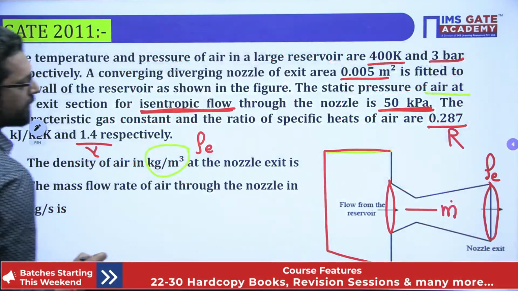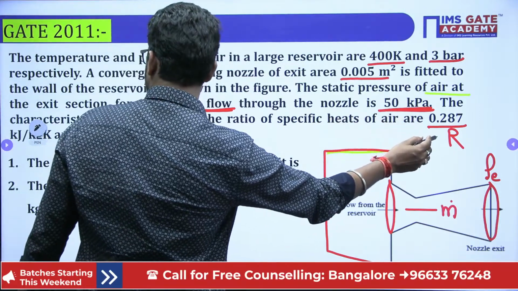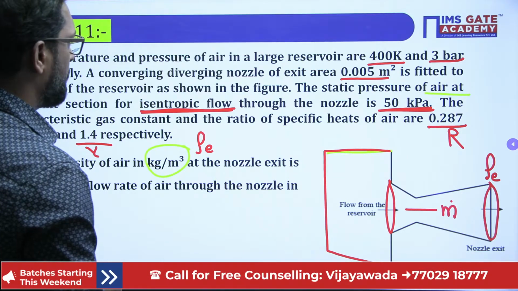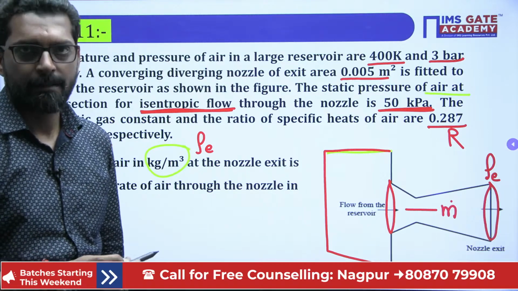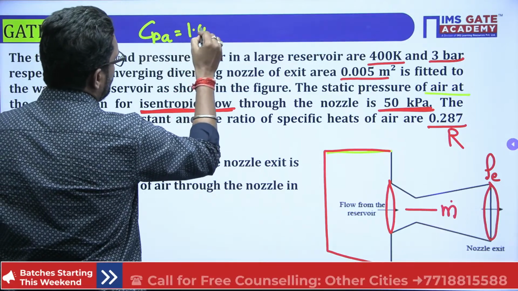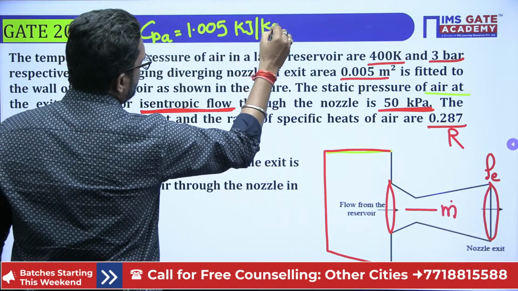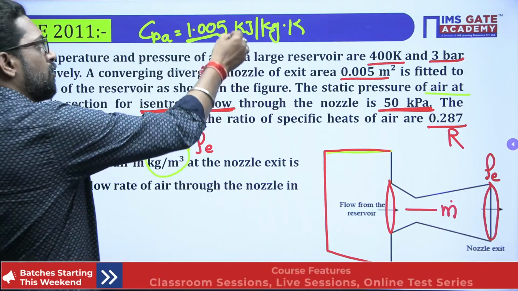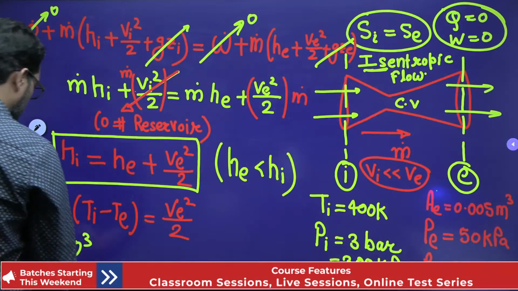Because Cp of the air we know is approximately 1.005 kilojoule per kg Kelvin. So it is approximately 1 kilojoule. You convert into joule, so it is 10 to the power 3. No problem at all.